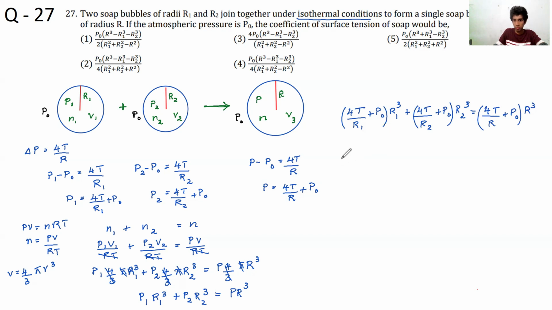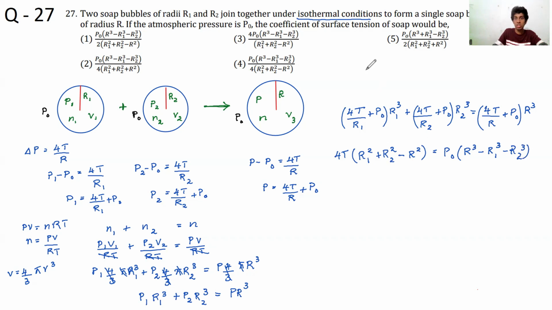Then when we simplify this, we will obtain 4T into R1 to the power of 2 plus R2 to the power of 2 minus R to the power of 2 is equal to P naught into R to the power of 3 minus R1 to the power of 3 minus R2 to the power of 3.